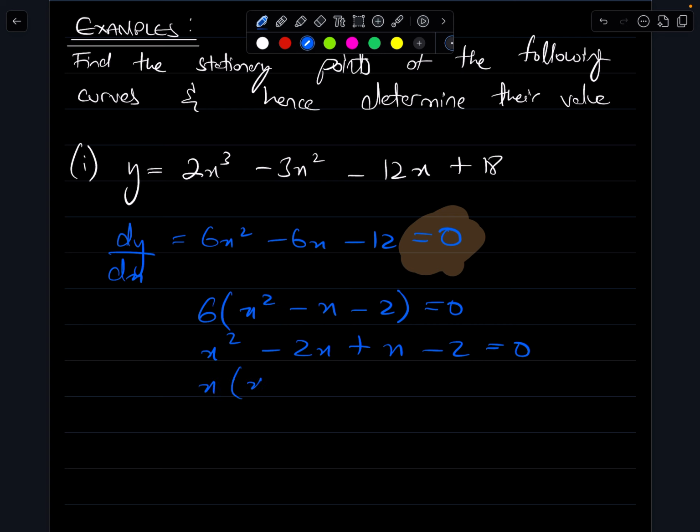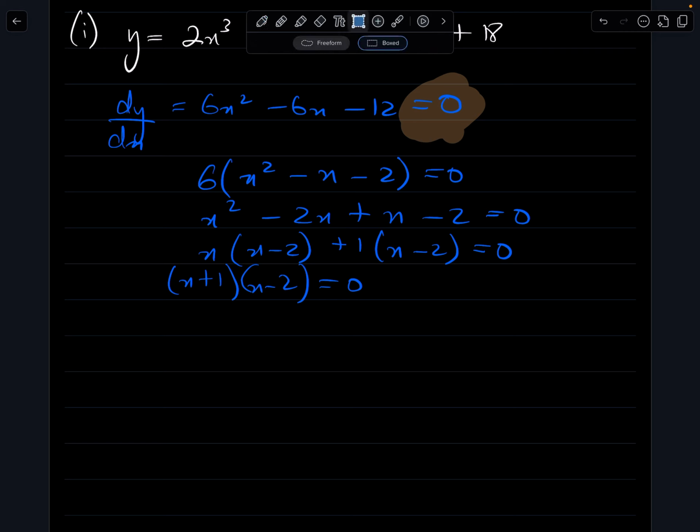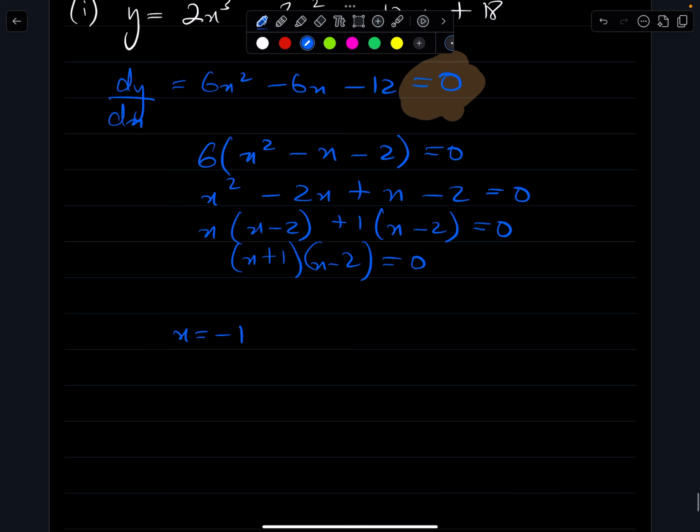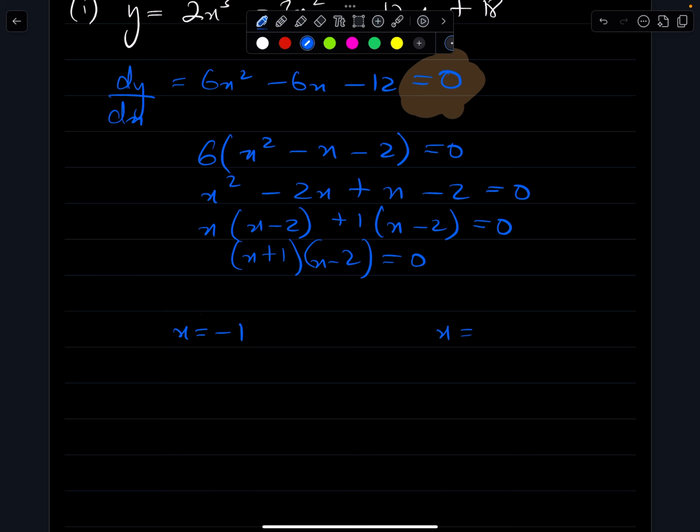I can make this into factors, and this is what I have. (x minus 2) and (x plus 1) turn out to be my factors. Thus, I have two values of x, that is, x equals minus 1 and x equals 2.